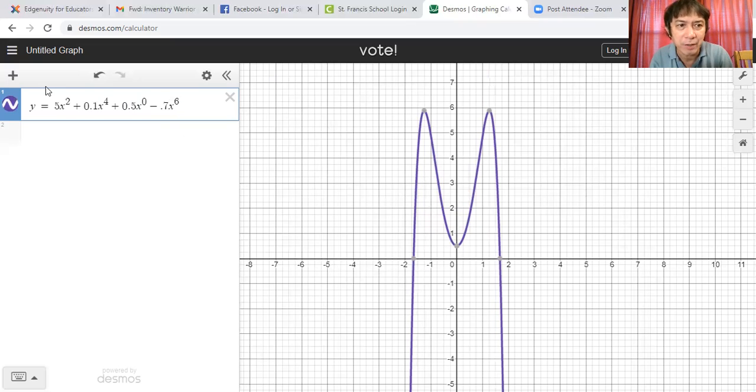What matters here are the exponents. If the exponents are even numbers, it will produce a line of symmetry with the y-axis. We have used 2, 4, 0, and 6, those are even numbers. Now, x to the 0 is not usually written, so we can actually erase this part, and it won't change the graph at all.